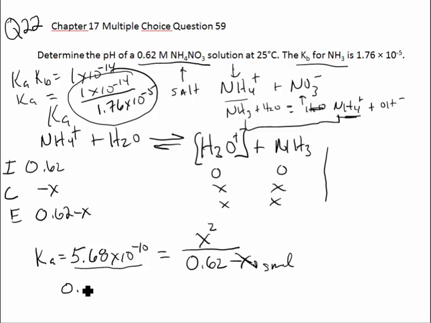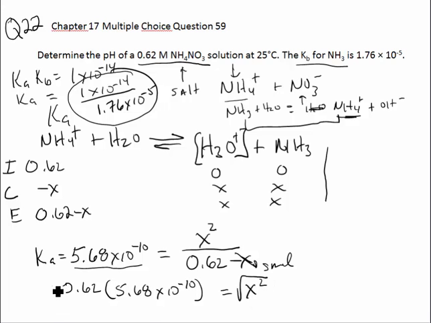And this becomes 0.62 times 5.68 times 10 to the minus 10 equals x squared, square root of both sides, is equal to x, which in this case is equal to our H3O plus concentration.